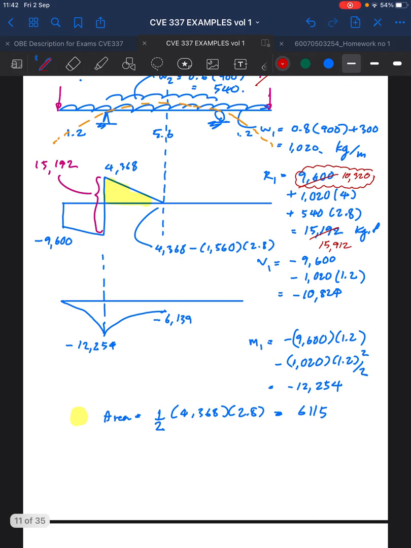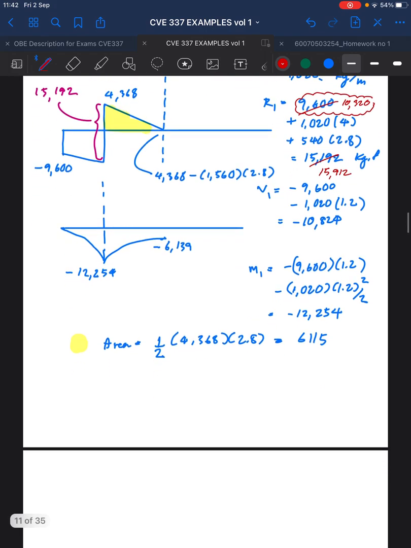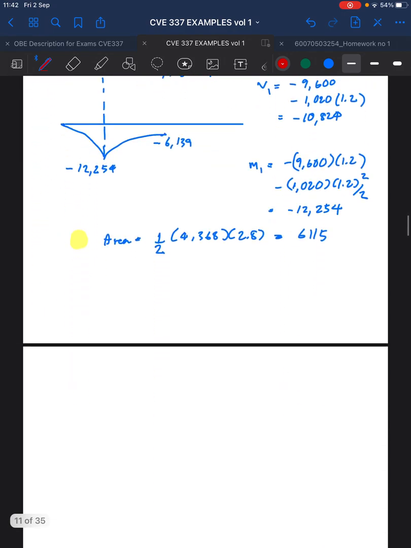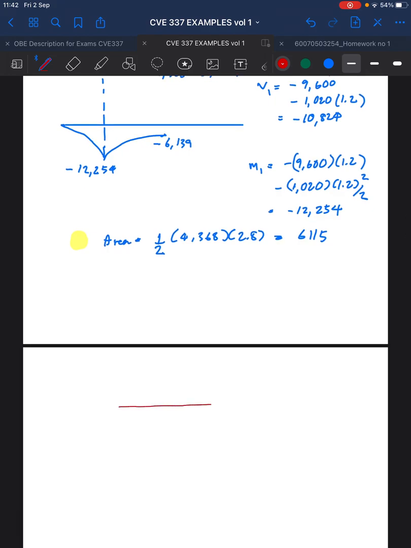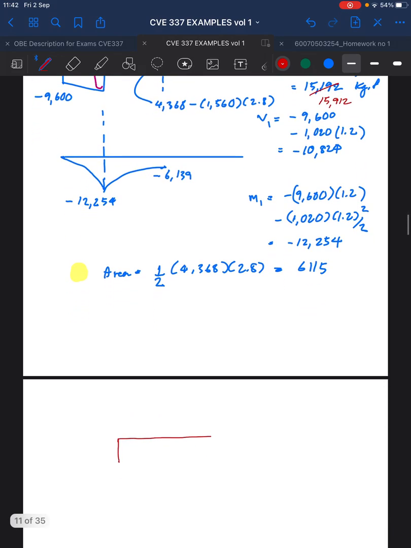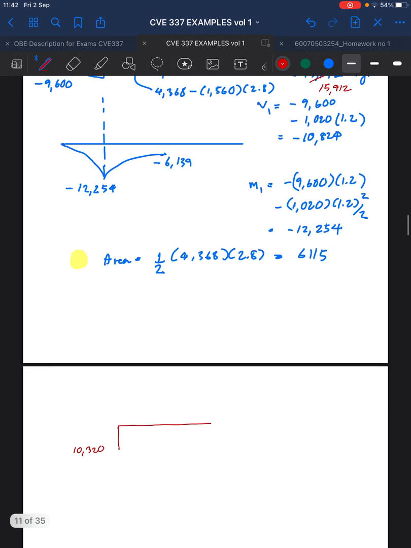But anyway, because it's my mistake, so let me try to rectify that. Okay, we changed a little bit. So our shear force diagram now should look like this. Okay, instead of beginning with that 9600, we now begin with 10,320. Okay, it's just gonna come down with the uniform load.